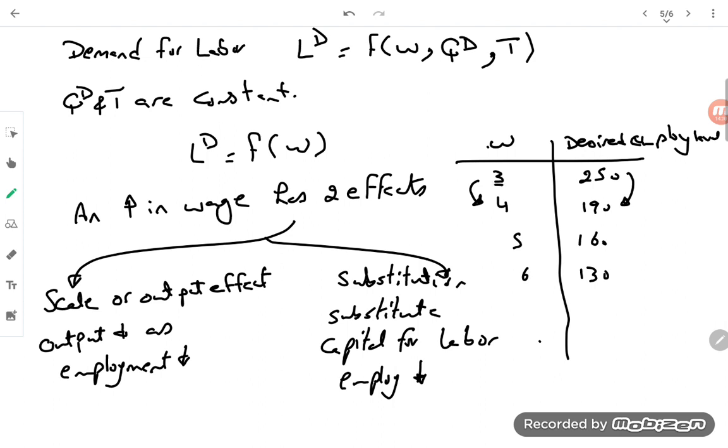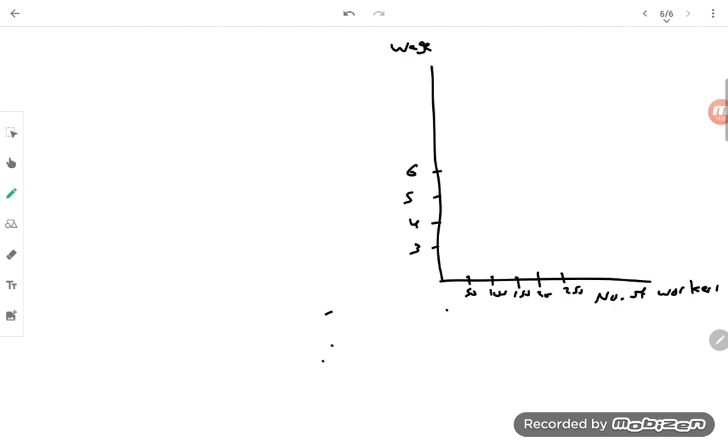So when the wage is 3, the number of workers is 250, 3 and 250. When it's 4, it's 190, 4 and 190, 5 and 160, and so on. So this is the demand curve. It's negatively sloped due to the negative relationship between wages and the desired level of employment.